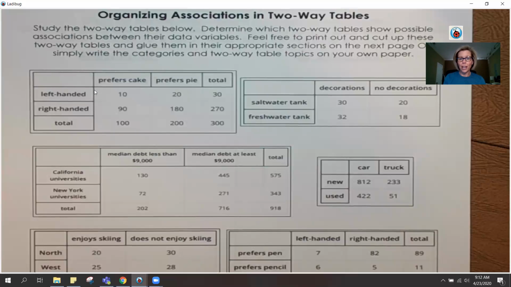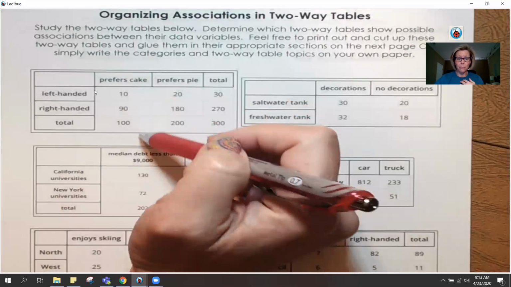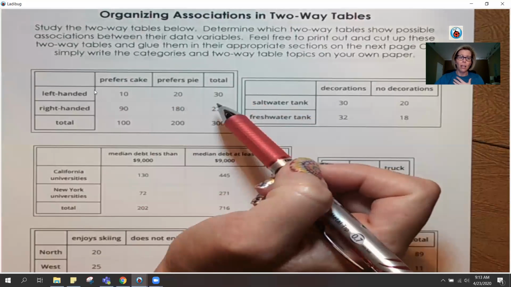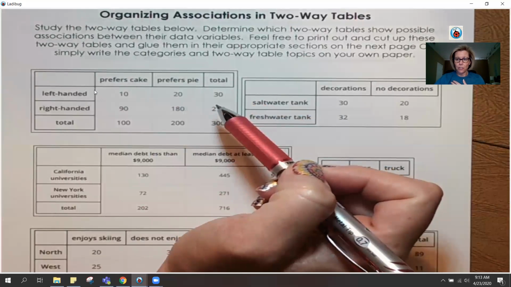So I wanted to do this short video. I'm hoping it's no more than 10 minutes or so, to make sure you know and understand what's going on. In the video included in the lesson, she talks about looking at both the columns and the rows when looking at whether or not there's an association.